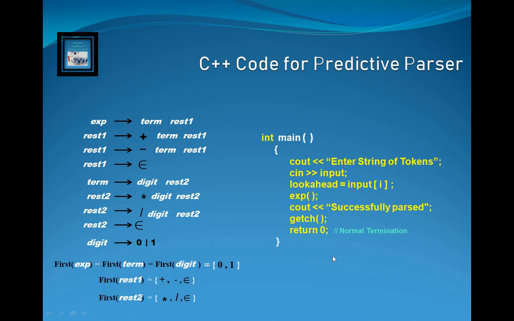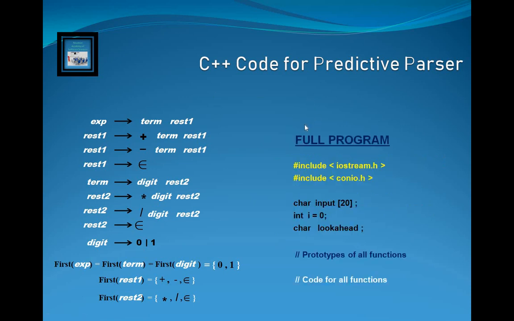Okay, so I hope you got the idea of how to write the overall code for this predictive parser, but I will give you a sketch for that as well. So here is the sketch of the full program if you want to implement it.